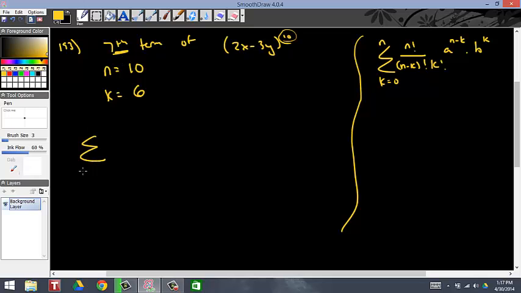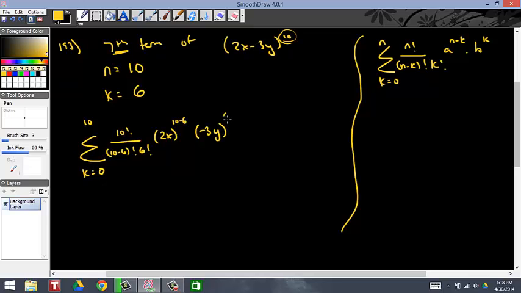So we say the summation from k equals 0 to 10 of 10 factorial over (10 minus 6) factorial times 6 factorial, and then a in this case is 2x to the n minus k, so 10 minus 6, and then negative 3y, whoopsie, to the k.